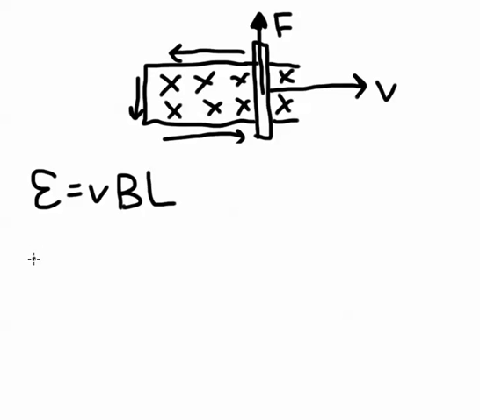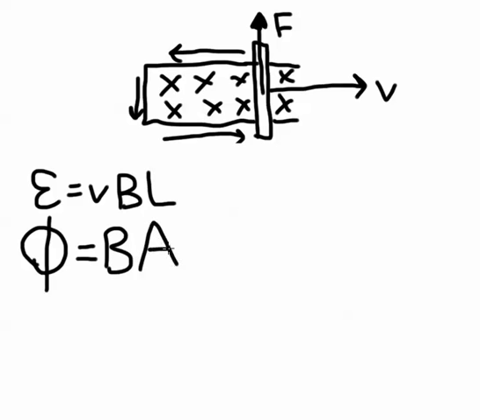Remember that the magnetic flux is equal to the magnetic field times the area of the loop times cosine of theta, but in this case the cosine of theta is 1, because the magnetic field is going directly through the loop, so the flux is just equal to magnetic field times the area.